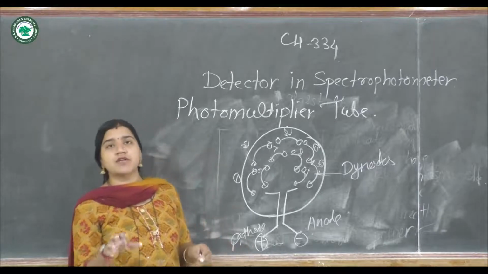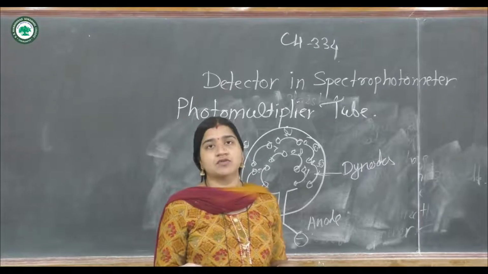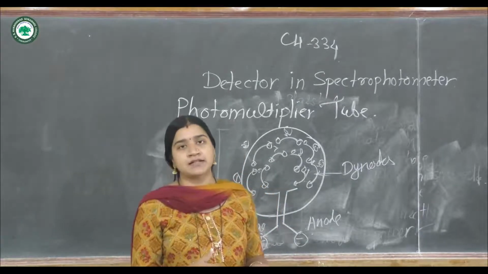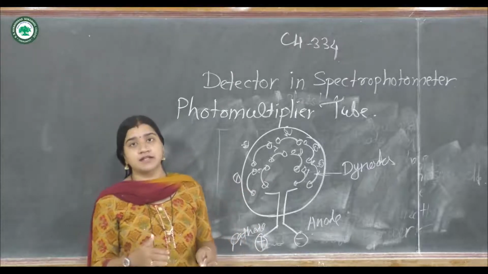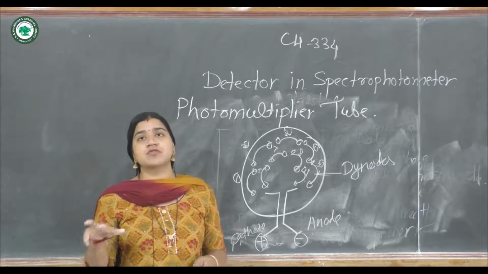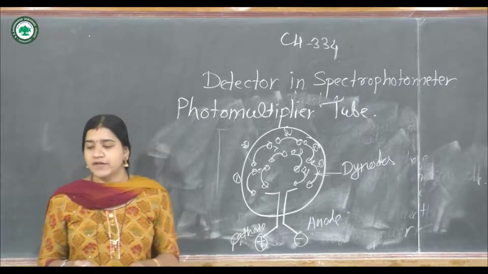Means one electrode behaves as a photoemissive, it will supply you the electrons, and the other electrode will collect the electrons, which is known as the collecting electrode. And we pass through the series of the diodes. And what is the role of a diode?